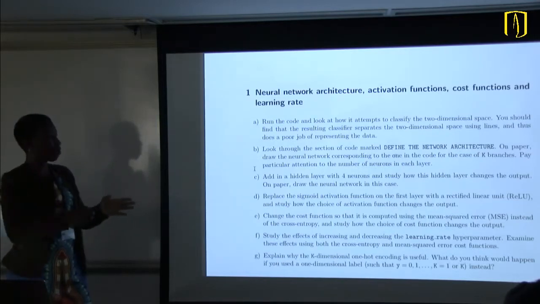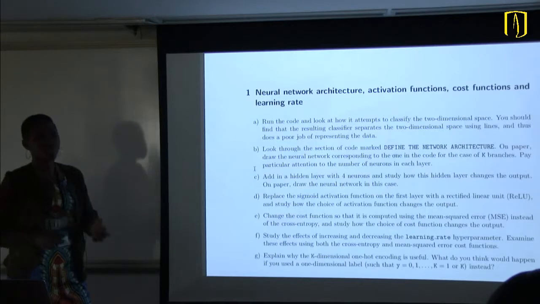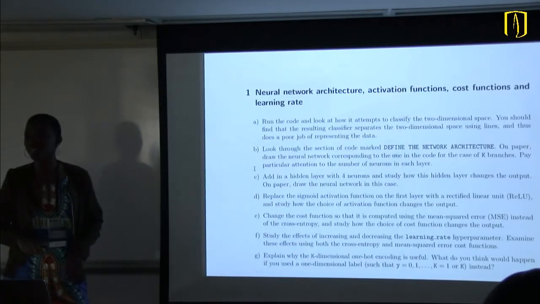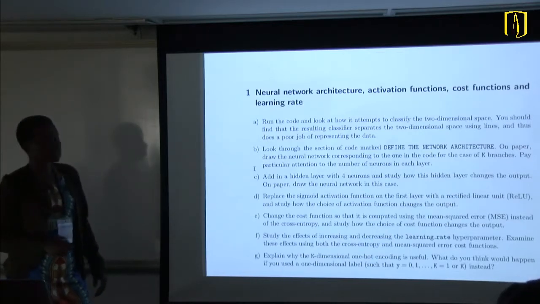One of the things you have to do is add an additional hidden layer and see how it affects the accuracy of your training. Then you will look at different activation functions and different cost functions and play with the learning rate and see how it affects how well you're able to train.